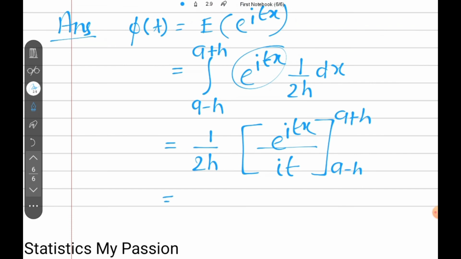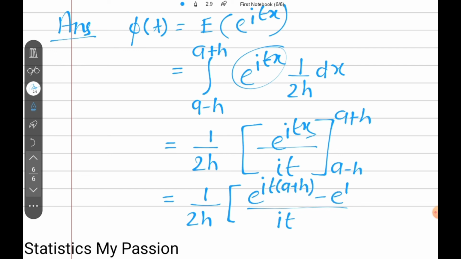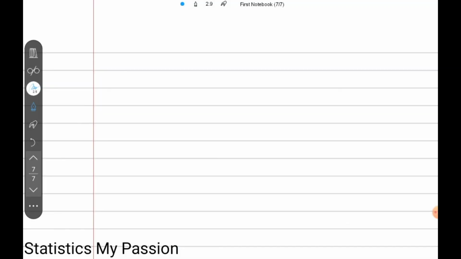Now we put these values in place of x, giving e^(it(a plus h)) minus e^(it(a minus h)). So this is the answer, but you can also write it in another form. This is the last formula of our question.